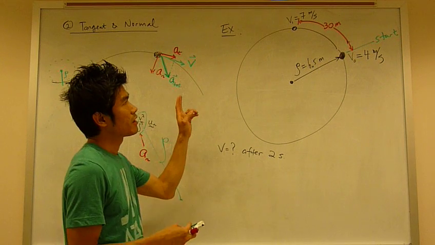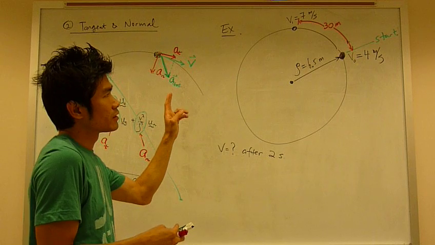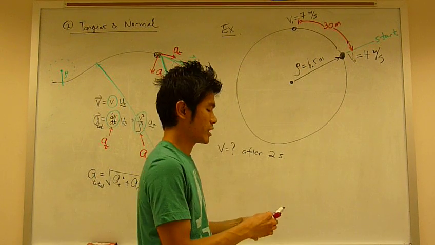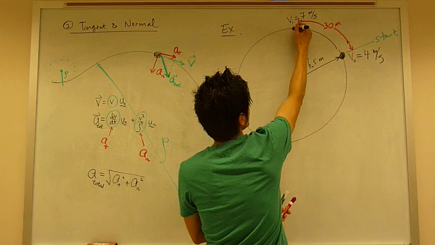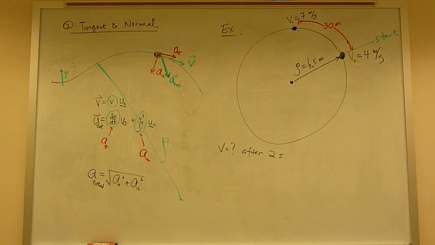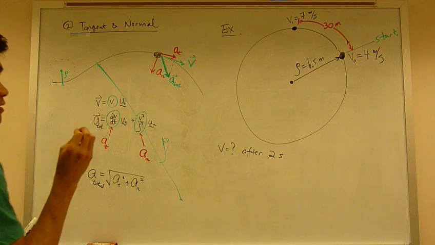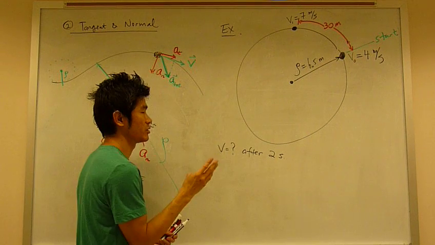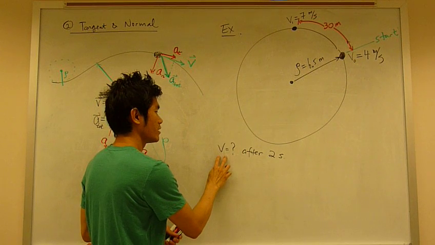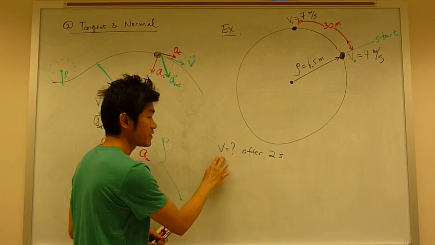And you know that the particle is accelerating. So what is that acceleration? Well, that's the key. Find the acceleration. And once you found that, then you should be able to find V.